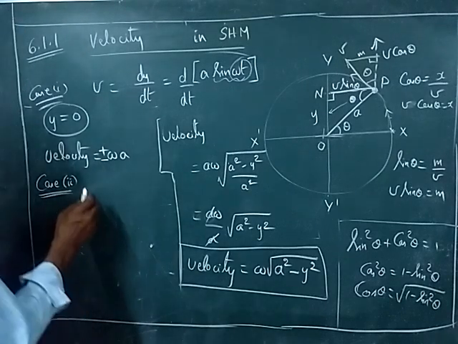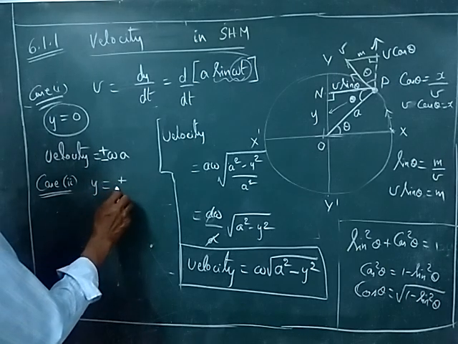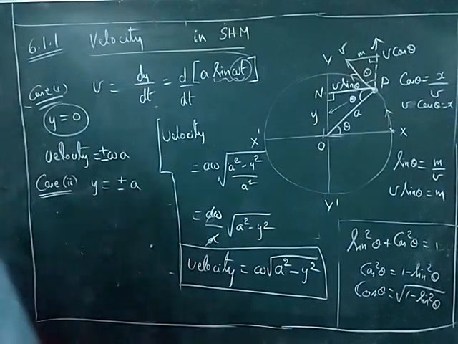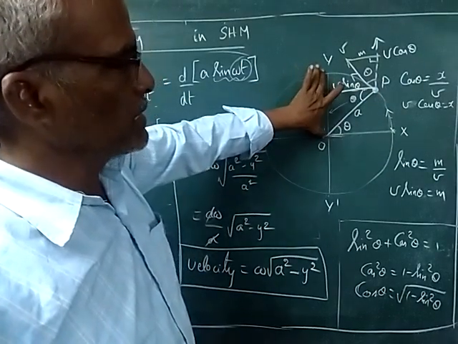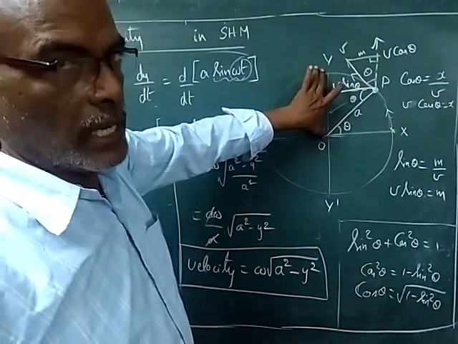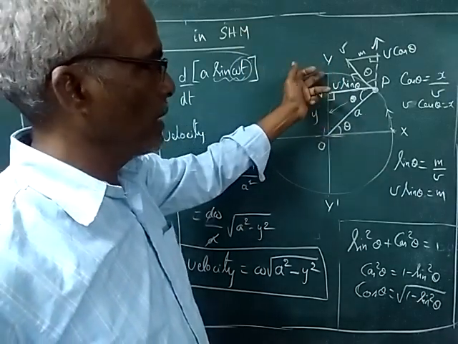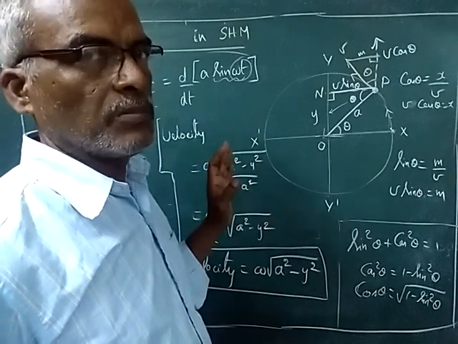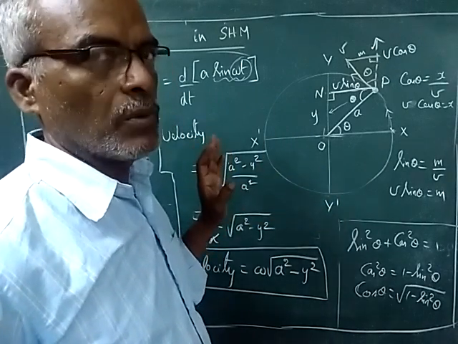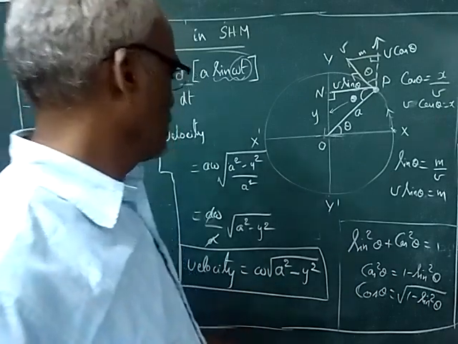Then case 2, when the particle is at the extreme end, plus or minus a. That means this particle P can be here. In that case, this is the radius a, or we can say maximum displacement a, or the same particle P can be here also. Here also the maximum displacement, which is a only, but it is in the negative direction. That's the difference.